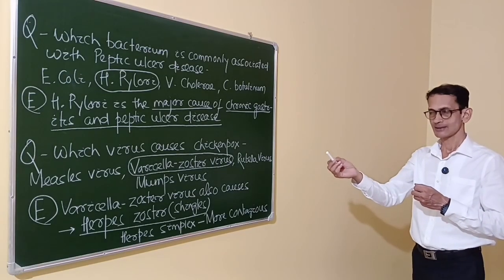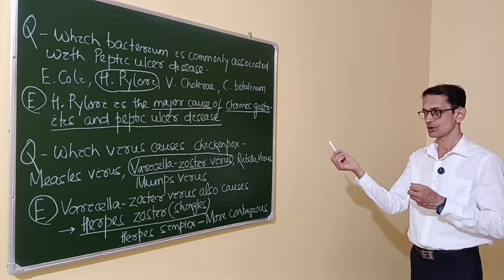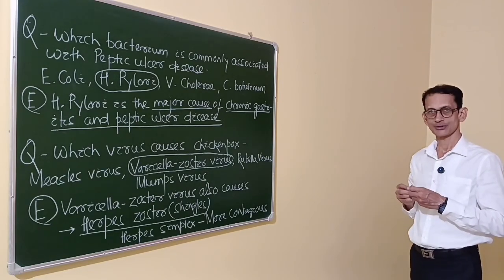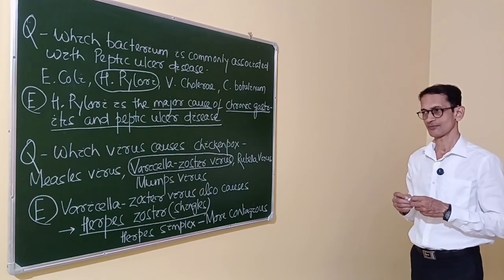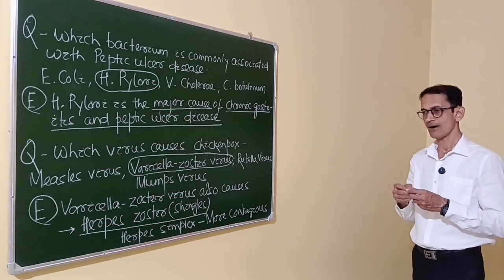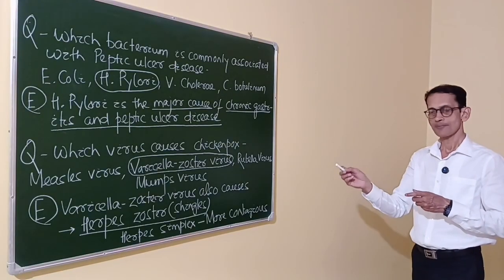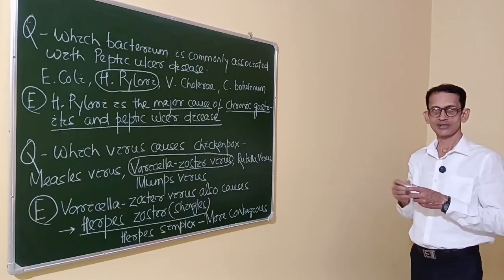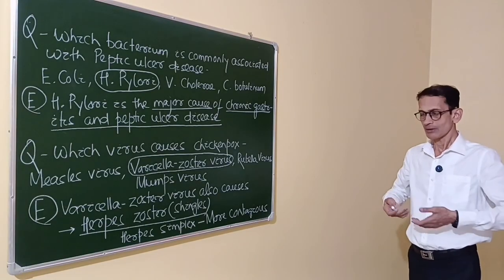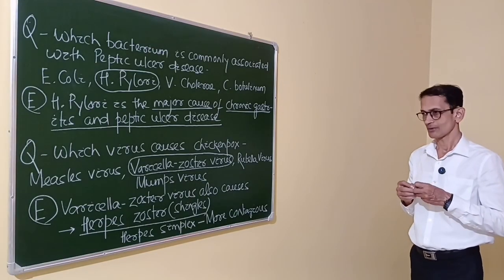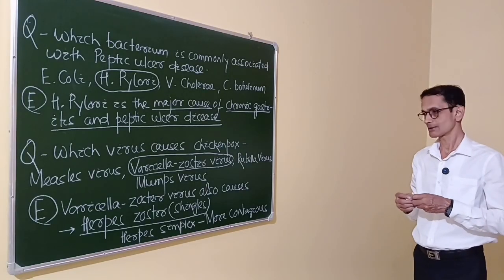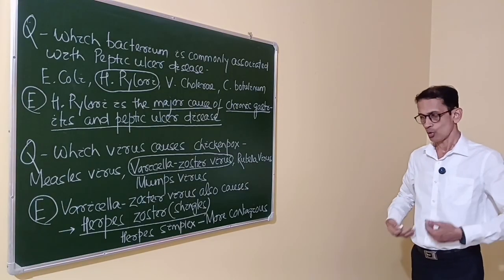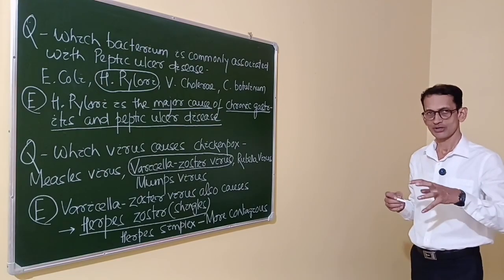Next question: which virus causes chickenpox? Options: measles virus, varicella zoster virus, rubella virus, mumps virus. The answer is varicella zoster virus. Check out the explanation here, guys. This is very important. The same varicella zoster virus also causes herpes zoster, also known as shingles, where mostly the upper body part is affected, and another type of herpes is there that is called herpes simplex, where the lower part of the body is affected, mostly the genitals.